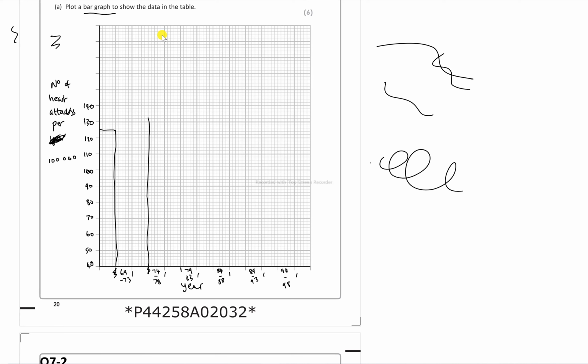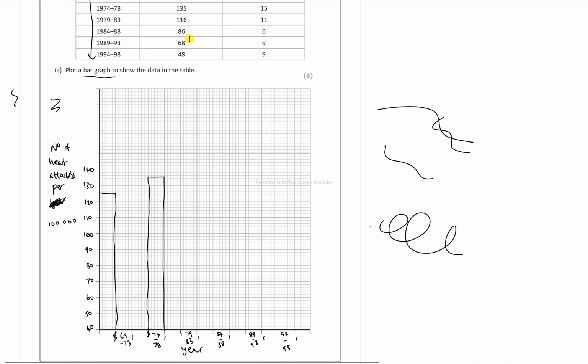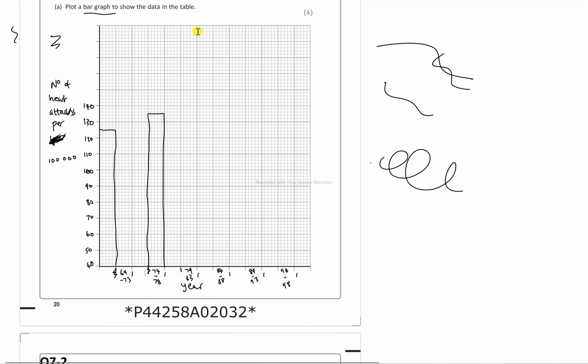So it's halfway between there, and it goes down here. There you go. 116. Really? Did I just put that in the right place? Oh my god. 116. So there's 100, 110, 115, 116. So I'll go down here, and that would be right.